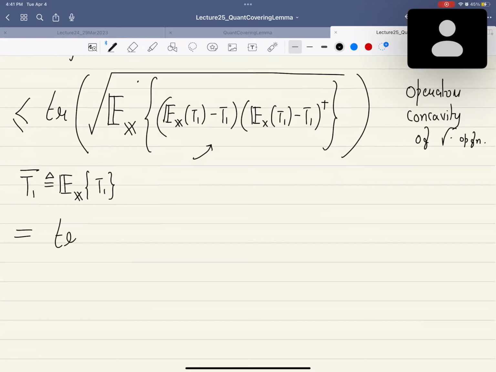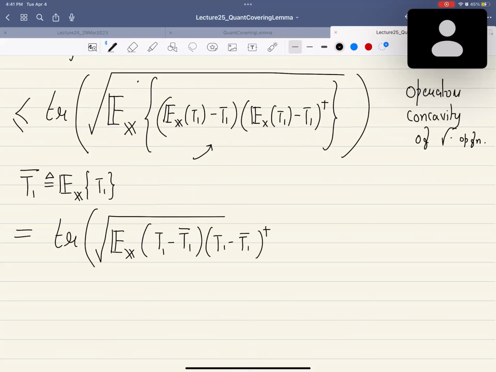So trace of root of expectation of T1 minus T1 bar, T1 minus T1 bar whole dagger.